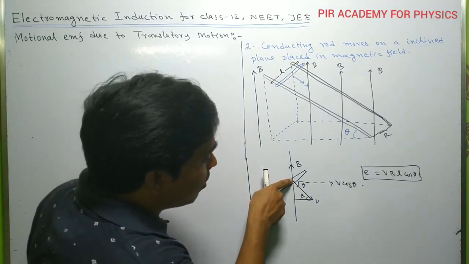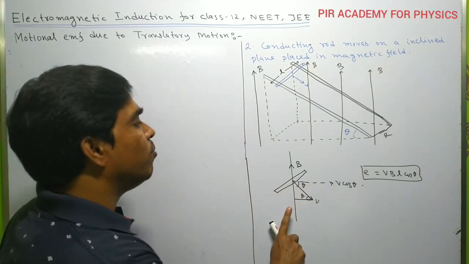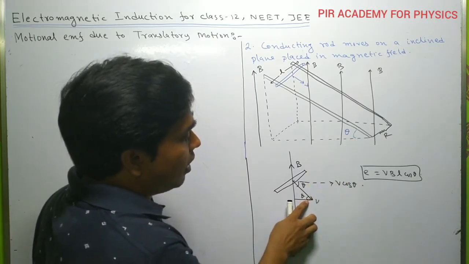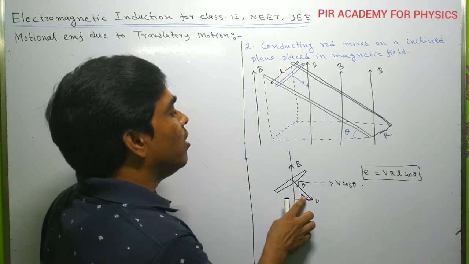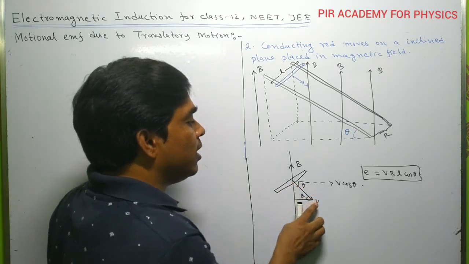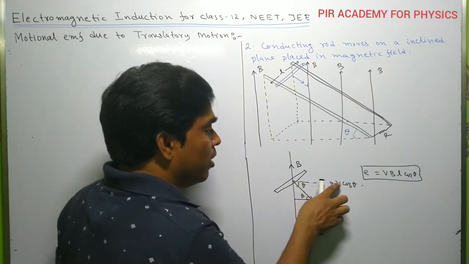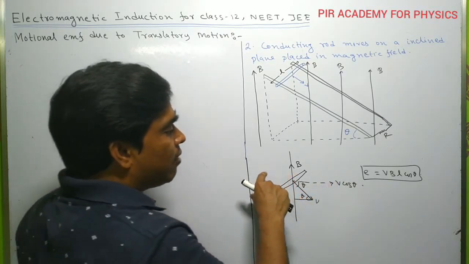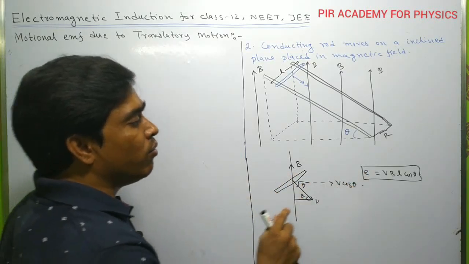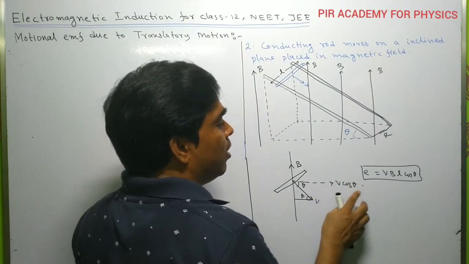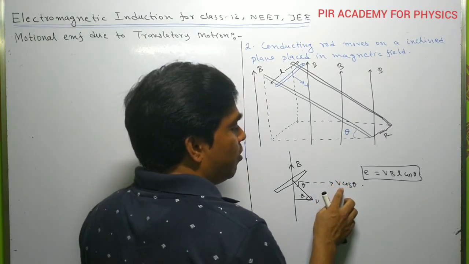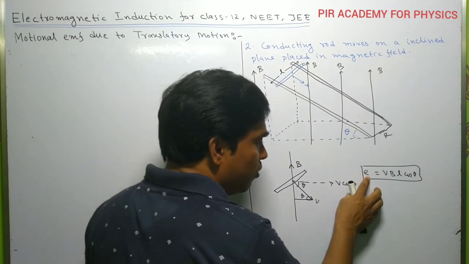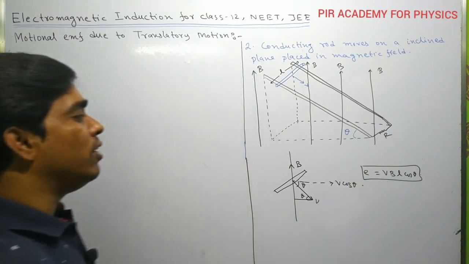That means the direction of velocity is along this way, and the direction of the magnetic field along this way, and this is theta. The component of V along this direction is V cos theta. This V cos theta cuts the magnetic lines of force. That's why you put V cos theta instead of V. That means the induced EMF will be VBL cos theta.